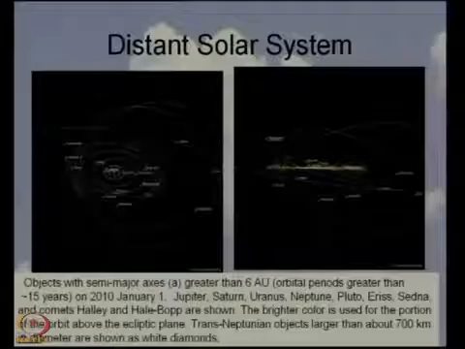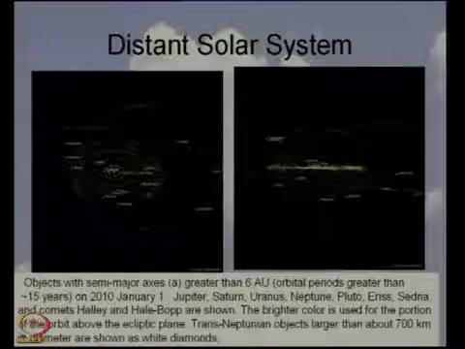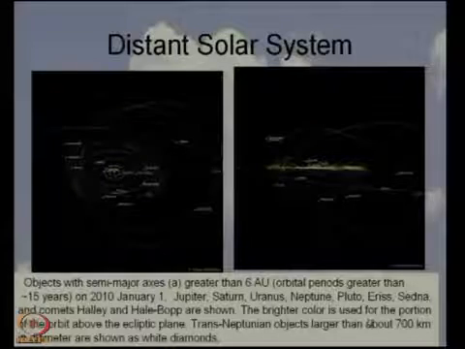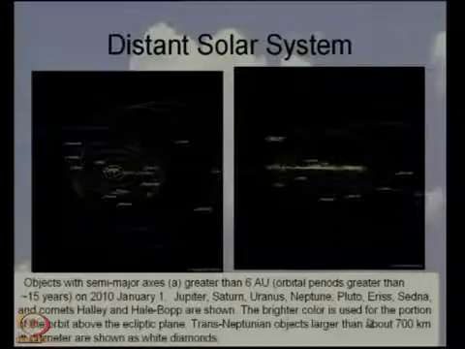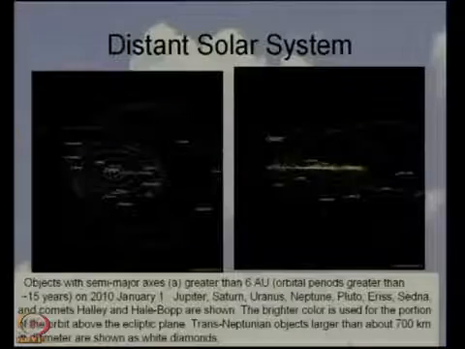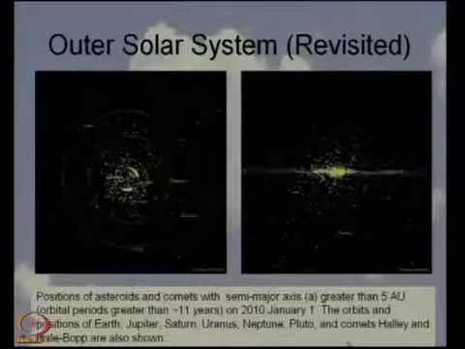You have this belt of asteroids, and then you have all of these new objects like Sedna and Eris, and possibly many more lurking around beyond the orbit of Neptune. It is a very distant part of the solar system. So, this gives you an overall picture of the solar system.